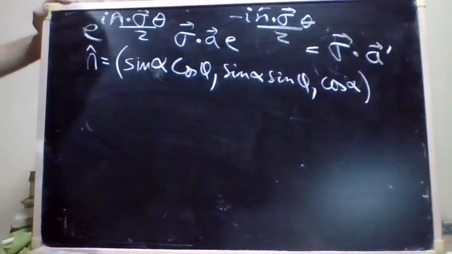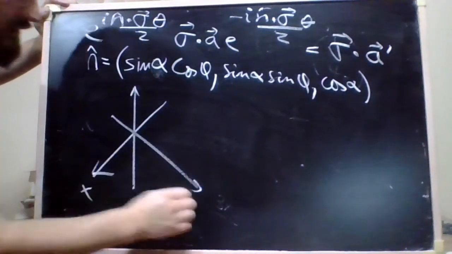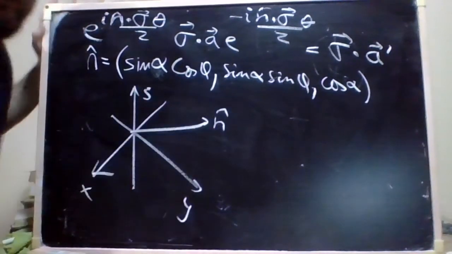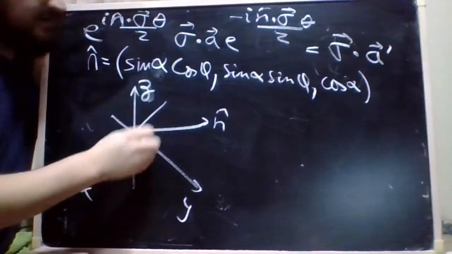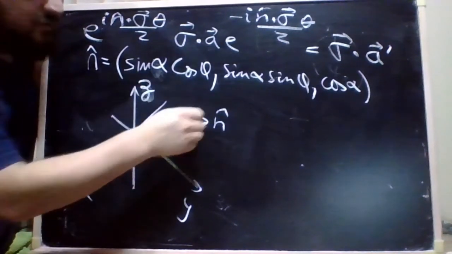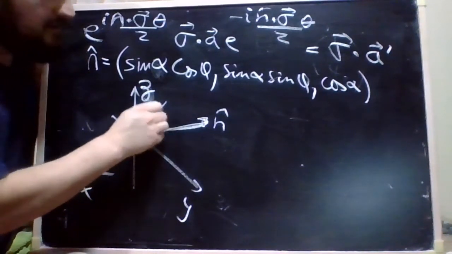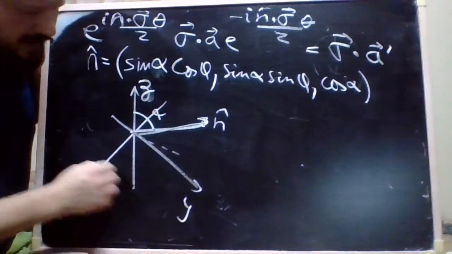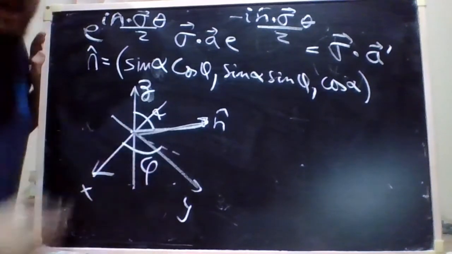So you have an n vector in three-dimensional space, x, y, and z. The n vector here, I don't know if you can see clearly, but the n vector forms an angle alpha with respect to the z-axis, and projected onto the xy plane, it forms an angle of phi with respect to the x-axis.